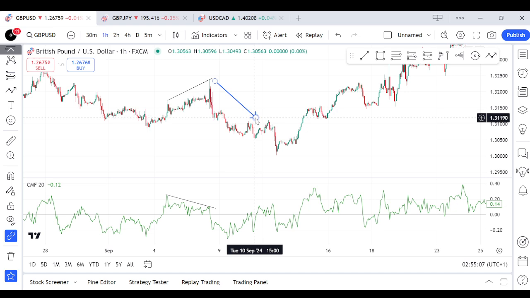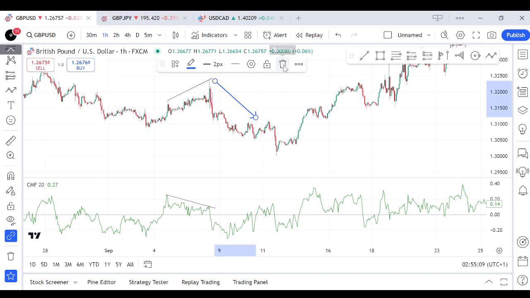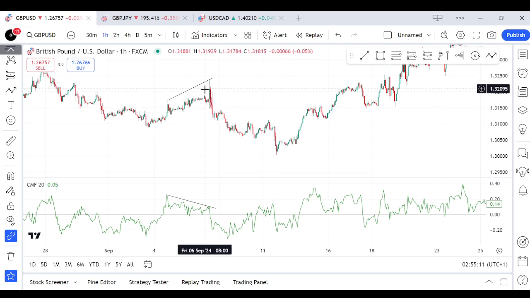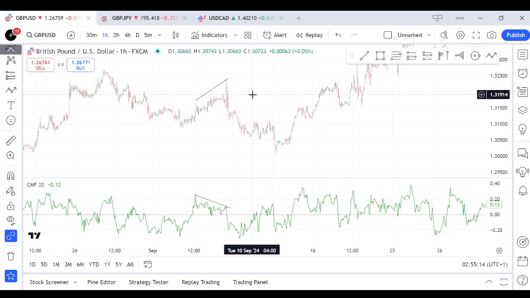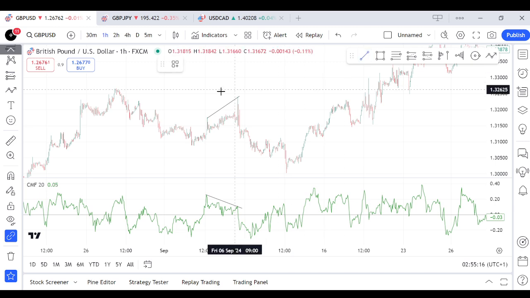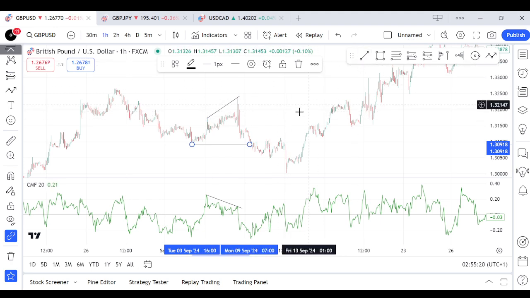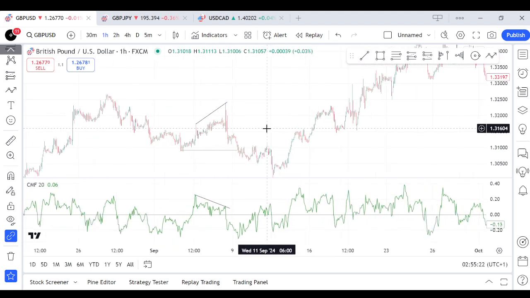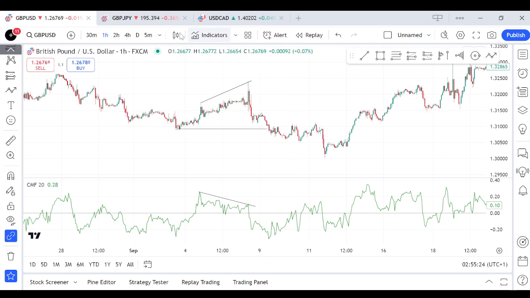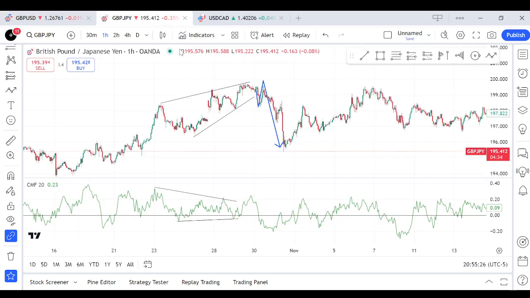So you can see shortly after that, price giving us that downward movement, the downward continuation, because originally we were bearish. You can see price breaking structure to the downside. So that is how you can spot divergences and use them with the CMF to trade.